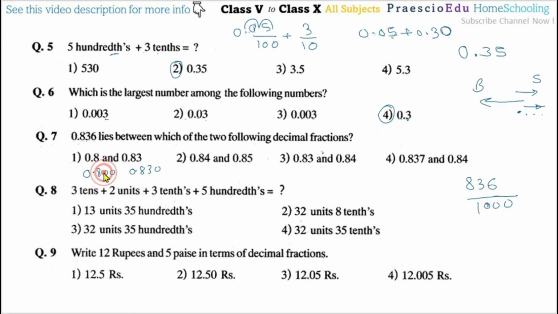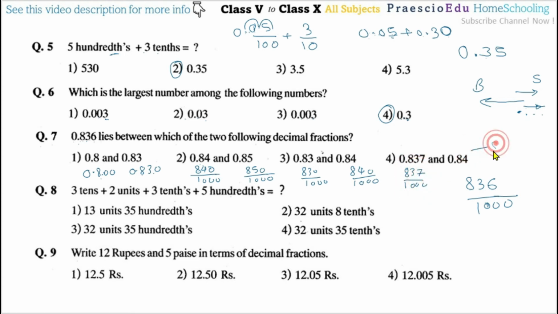If we make thousands the denominator, this is 800 divided by 1000, this is 830, this is 840, and this is 850 divided by 1000, and this is 837 divided by 1000.